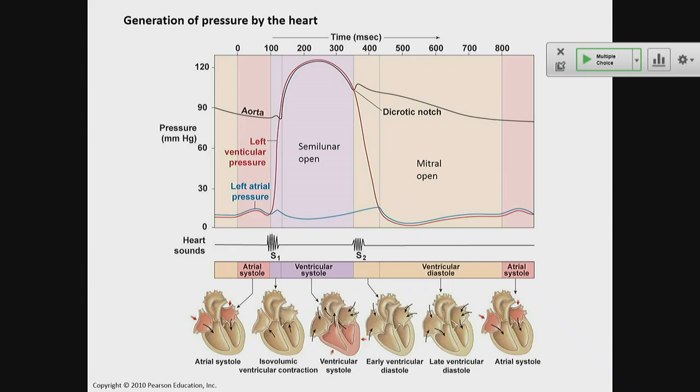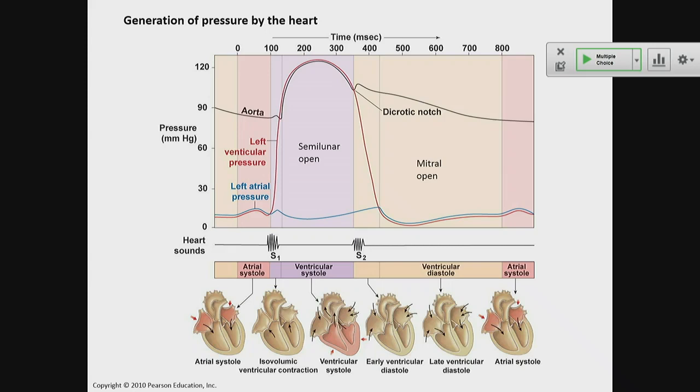starts at around 90, drops down to a minimum of about 80. And then when the ventricle contracts, it is pushed up to 120 and then slowly drops again during the ventricular diastole. Okay? And this is why we have two measures for the blood pressure.